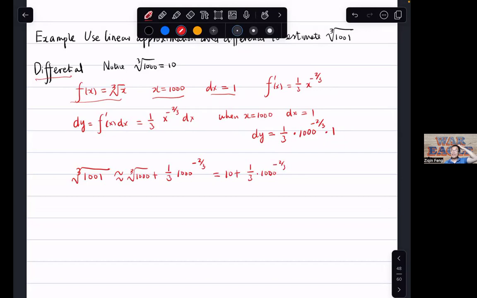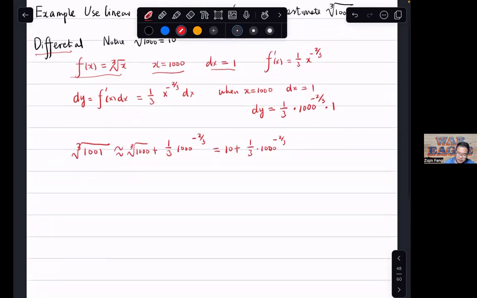So that's one estimate using differential. So you know the function value at this number and try to add the change of y. The change of y is given by the differential, right? So now let's see another one, linearization, right? Linear approximation, if you prefer.